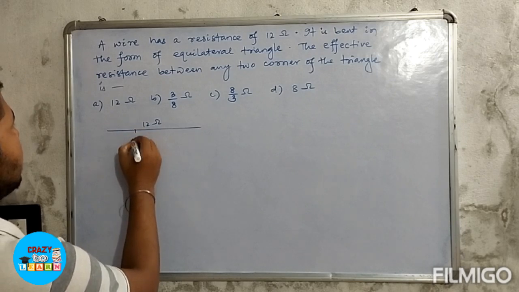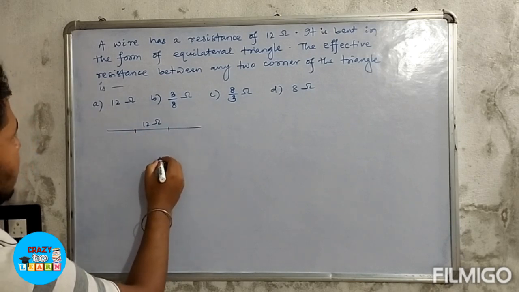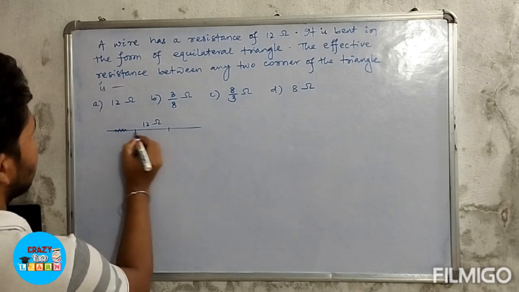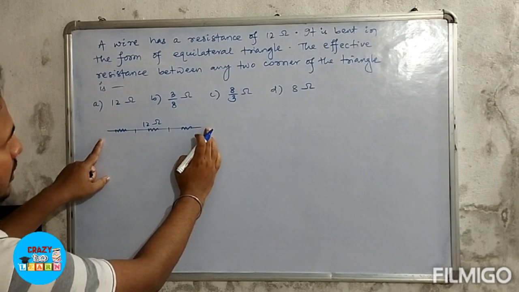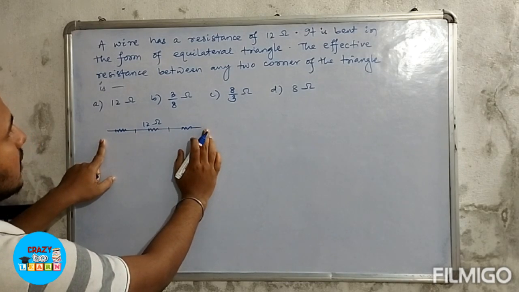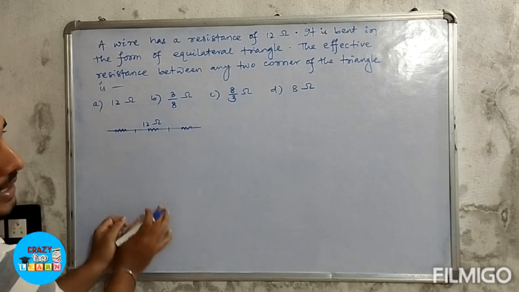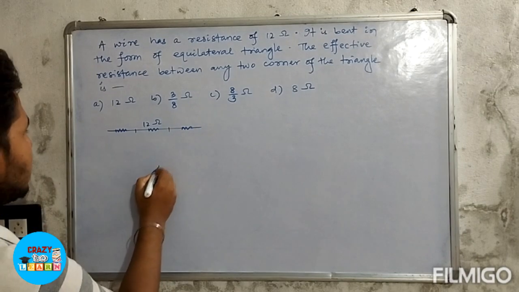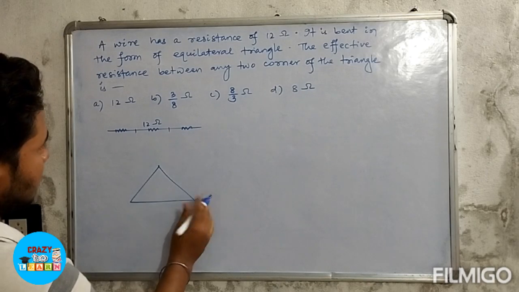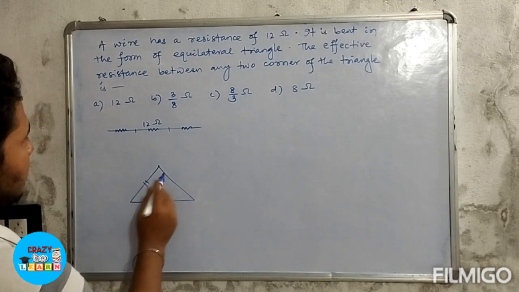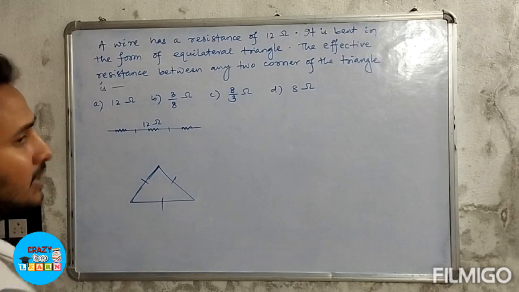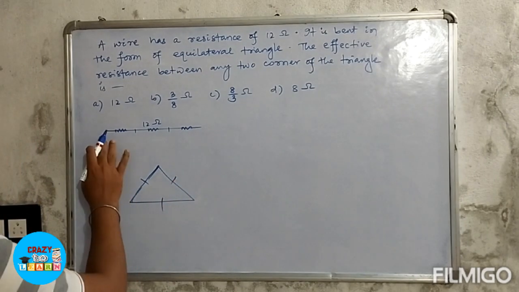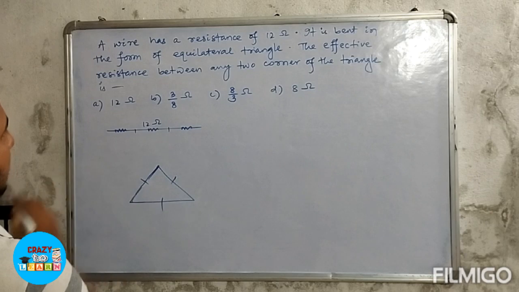Let the total resistance of the wire be 12 ohm. Equilateral triangle means it will be like this. What is the meaning of an equilateral triangle? All 3 sides have the same length. That means the wire is divided into equal 3 pieces.